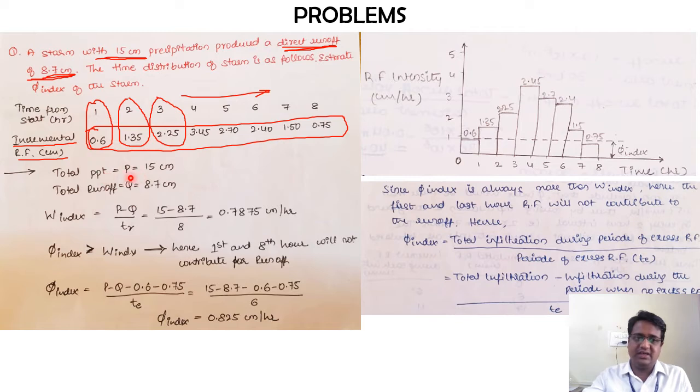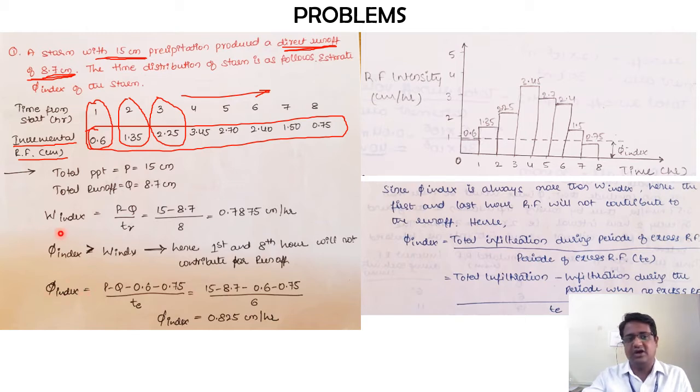Now they gave you the value of P, the total precipitation, as 15 centimeter and total runoff as 8.7 centimeters. Along with that they have given you the hour-wise split-up of the quantum of rainfall. Keeping this in mind, first we need to determine the W index, because once you determine the W index, then we can go for the phi index.